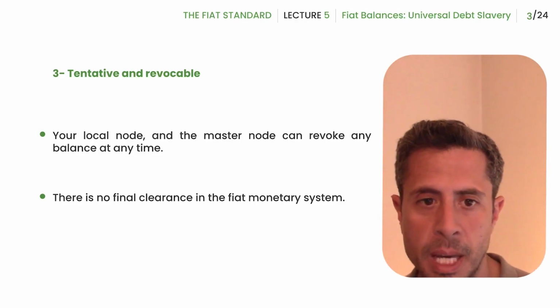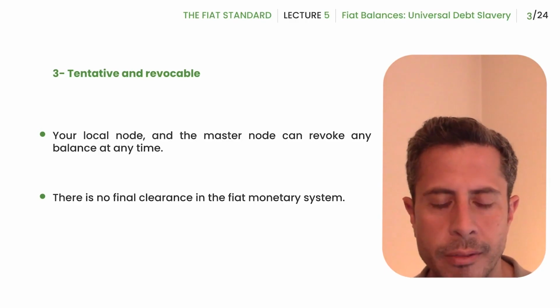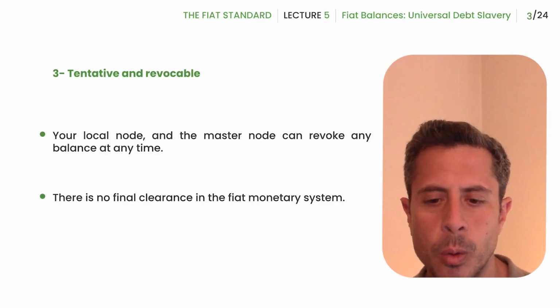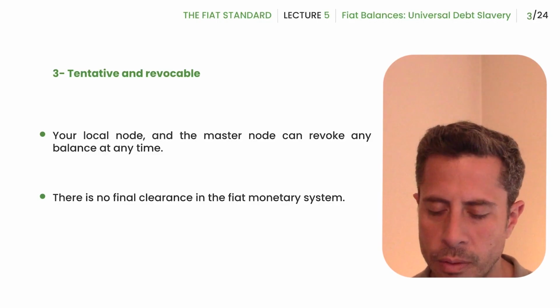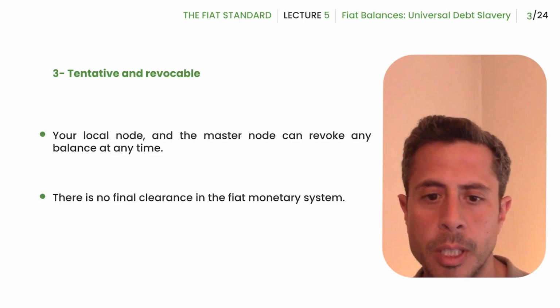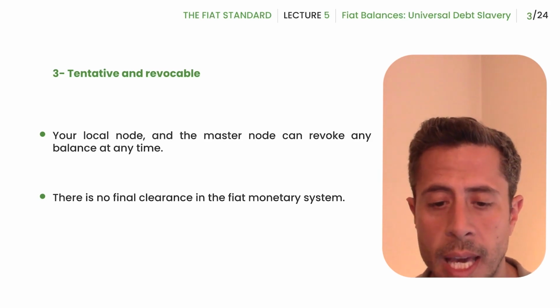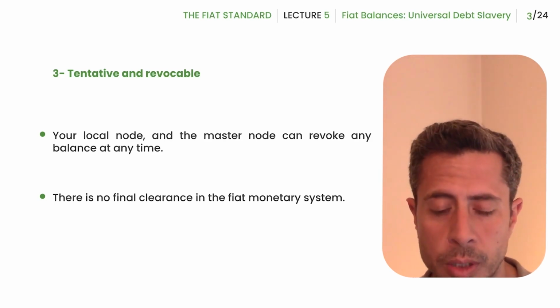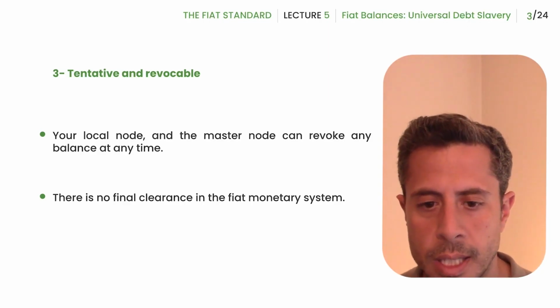The other thing about fiat balances is that they are tentative and revocable. And so you never really have an actual fiat balance. You never know at what point in time your fiat balance can be revoked, whatever form it takes. So if you have a bank account that can be confiscated, as we saw happening in Canada recently to political opposition, as we saw also happen to Russia and Afghanistan.